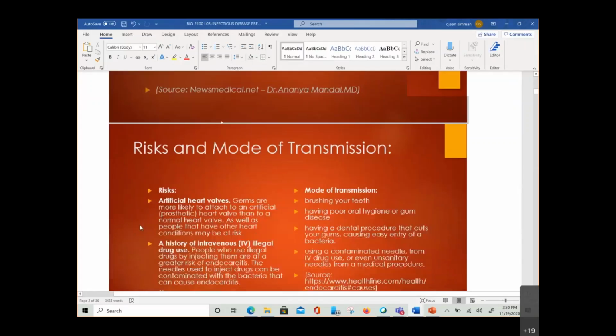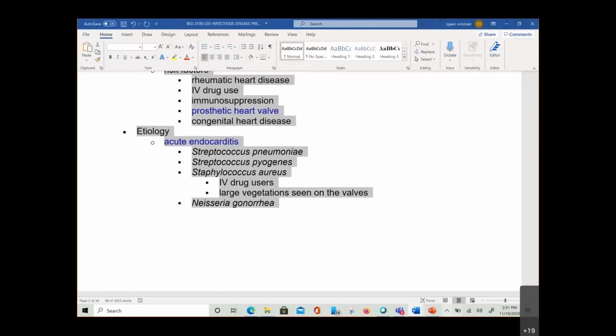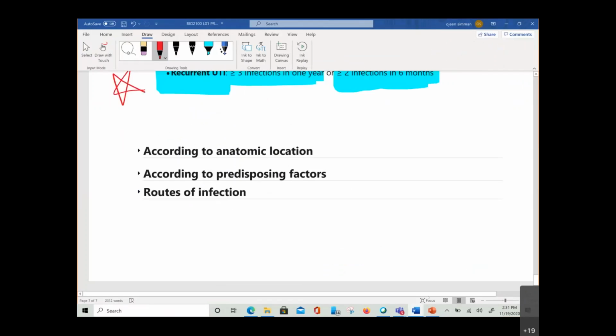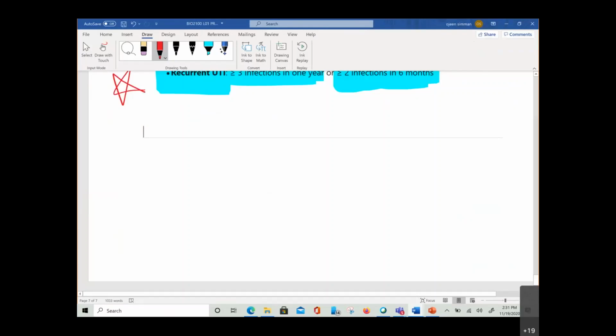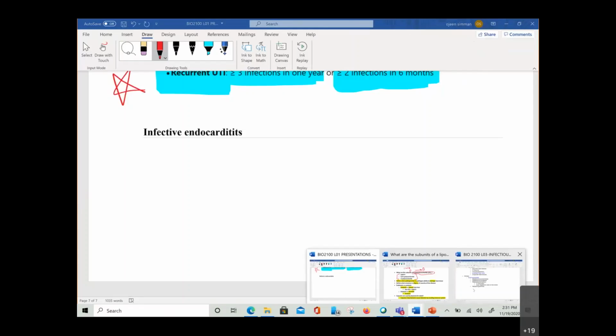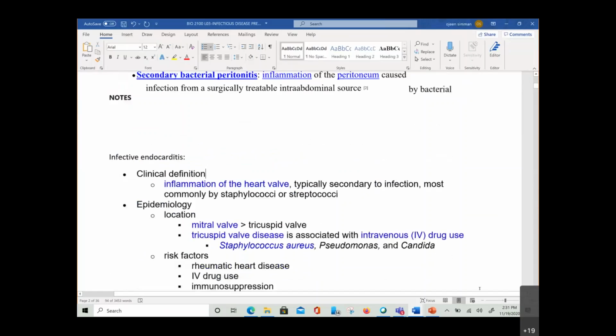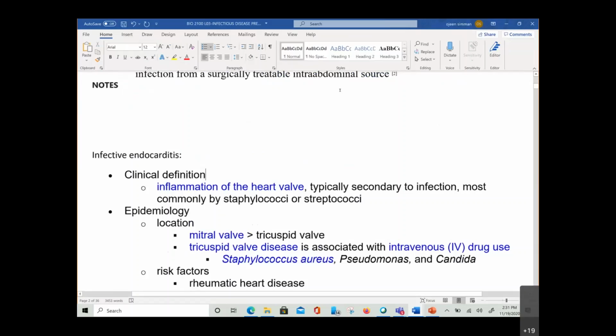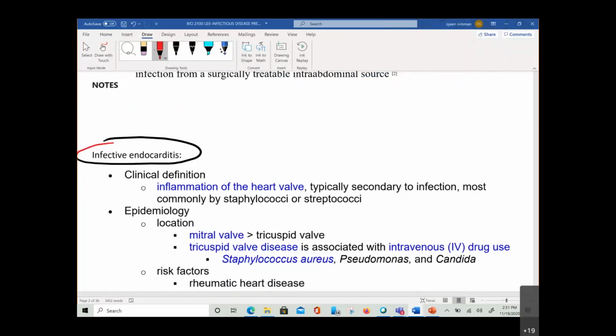Okay. The next one is infective endocarditis. So the definition is the inflammation of the heart valve.